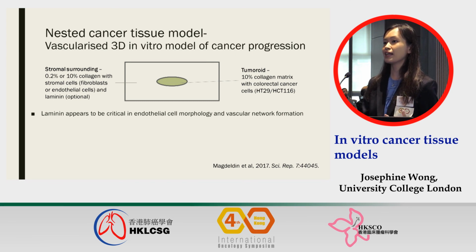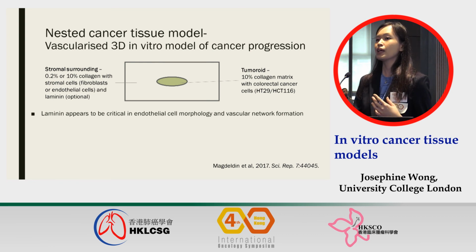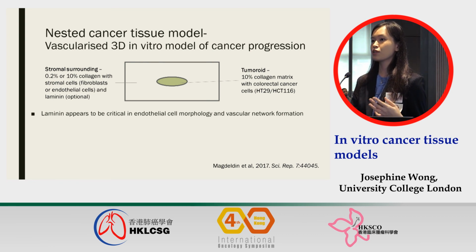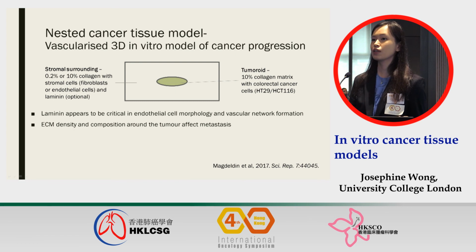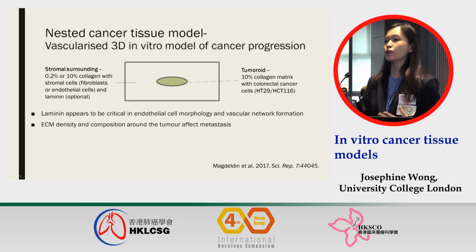And they found that in HCT cells, the addition of laminin appears to increase the rate of the cells migrating out of the tumoroids. So we know that the stromal surroundings and the extracellular matrix density affect tumor cell migration.